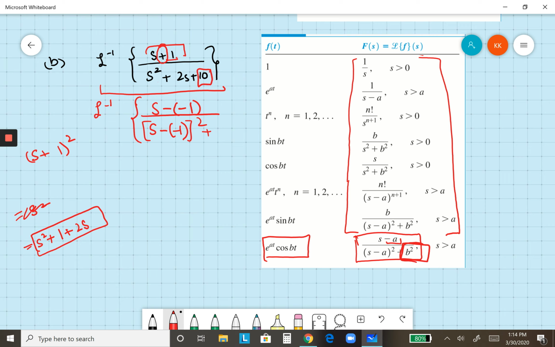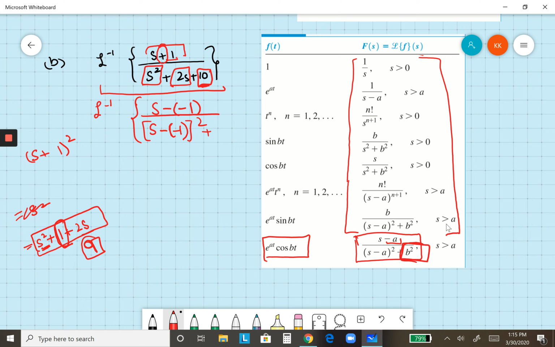And here we have s squared and 2s, which is s squared here and 2s here. The only thing is we don't have 10 yet. We know that we have added 1 to whatever our b is. So our b has to be 9 in order to get 10 in the end, because when we do s minus 1 whole squared, we get s squared plus 1 plus 2s, which will give us s squared and 2s from the problem, and we have to add 9 to 1 to get 10.